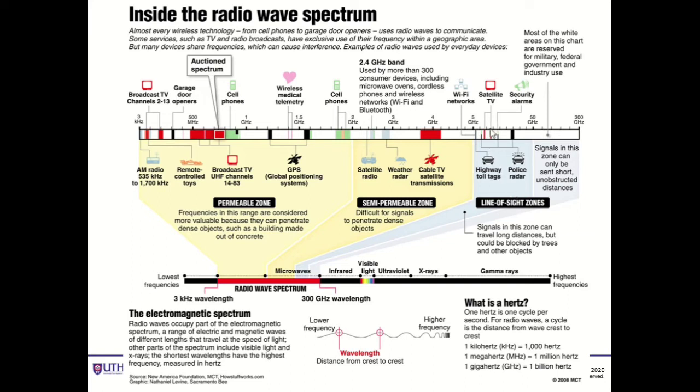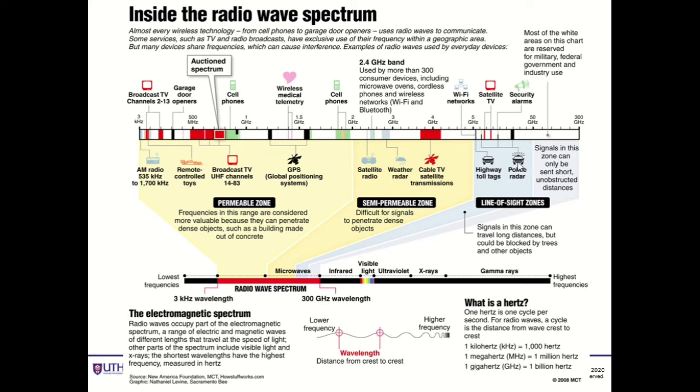Usually this band from 5 GHz to 50 GHz is used for Wi-Fi networks. We have another Wi-Fi network at 5.8 GHz around this part. Another is the highway toll gate, police radar, and then we have satellite communication at around 10 to 12 GHz at the K and Ku band, and a security alarm in this band also.